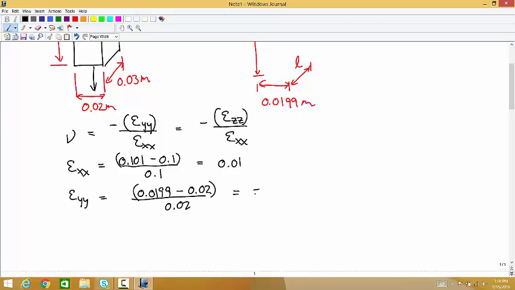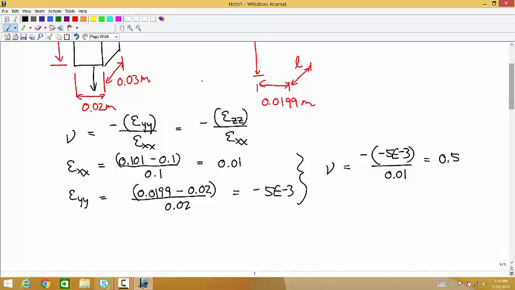It's going to be negative because it's getting smaller. 0.0001 divided by 0.02. Okay, negative 5 times 10 to the minus third. And so these things together tell us that Poisson's ratio is equal to negative of negative 5 times 10 to the minus third divided by 0.01. And I think you just get a value of 0.5, which is the biggest Poisson's ratio can be. That means that in any deformation, the volume doesn't change.